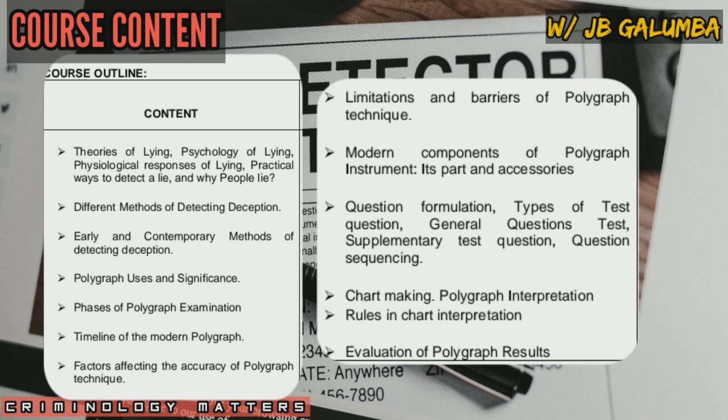Because there are really a lot of physiological, or physical, responses that we can observe from the person who is telling the truth and who is telling lies. So basically, we can figure out who's telling the truth or who's telling a lie based on their physical activities, maybe on their facial expressions, their movement, how quickly they answer the questions, and many more.